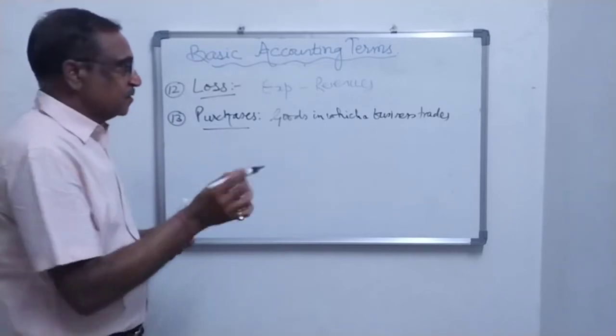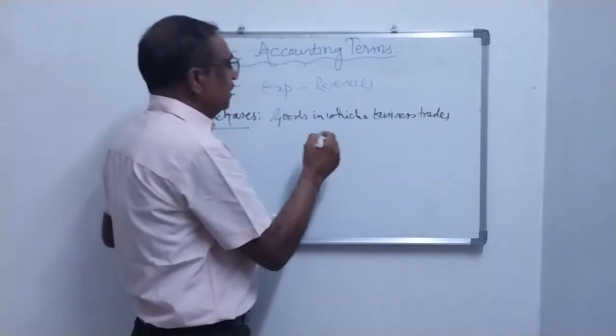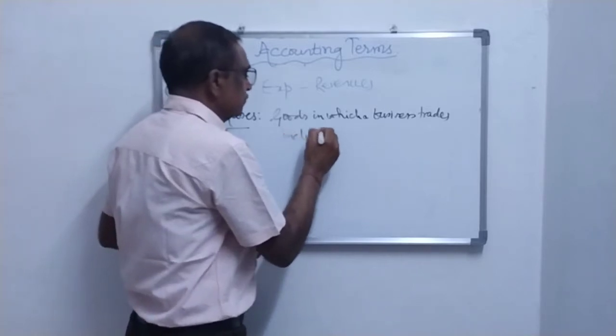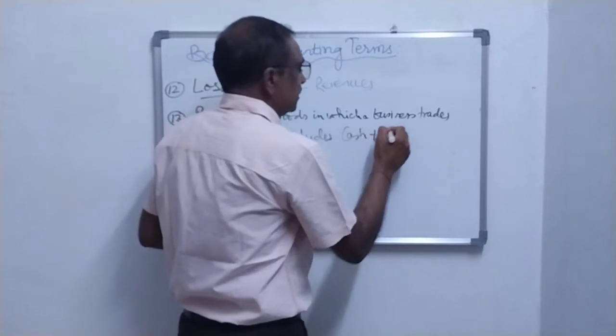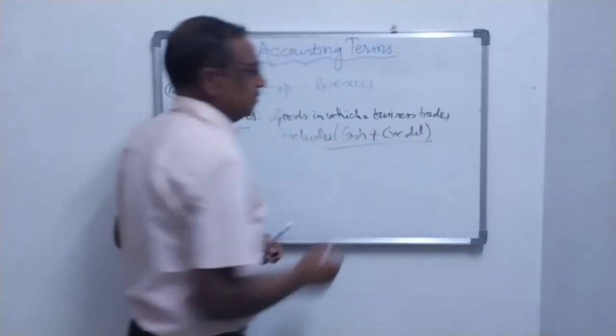Okay? So we can write: goods in which a business trades, and includes cash purchases plus credit purchases.